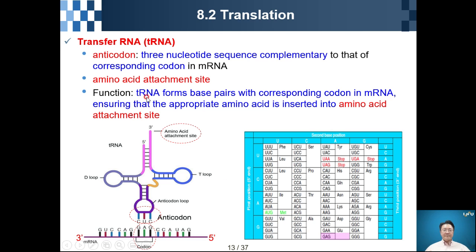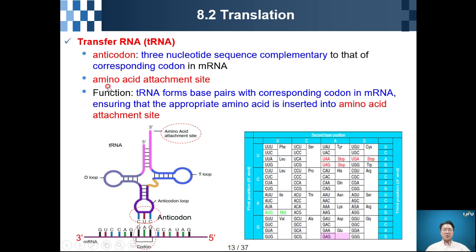So once again, the most important characteristics of the tRNA are that it has the anticodon and the amino acid attachment site at the 3' region. The anticodon is a 3 nucleotide sequence complementary to that of the corresponding codon.